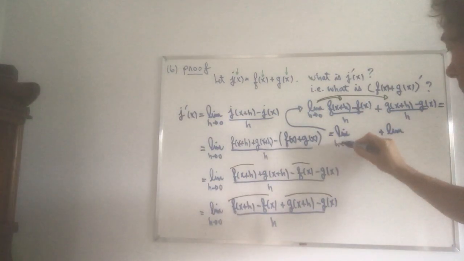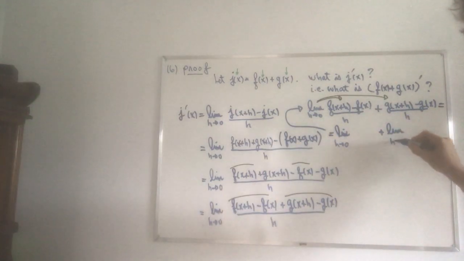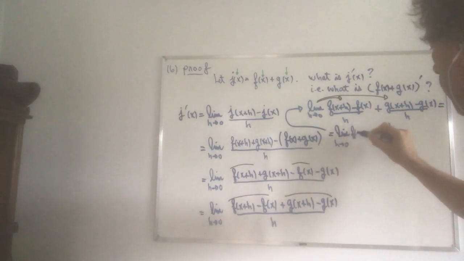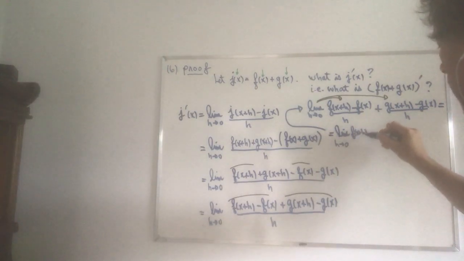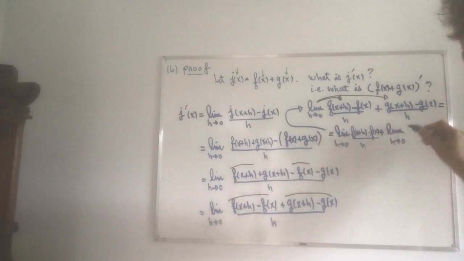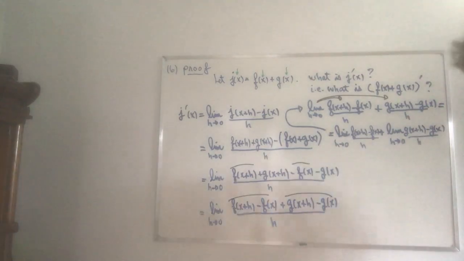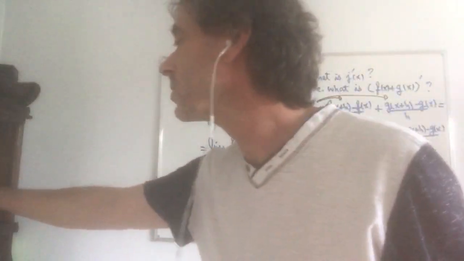I'm breaking this down into two limits. So f of x plus h minus f of x, g of x plus h minus g of x.